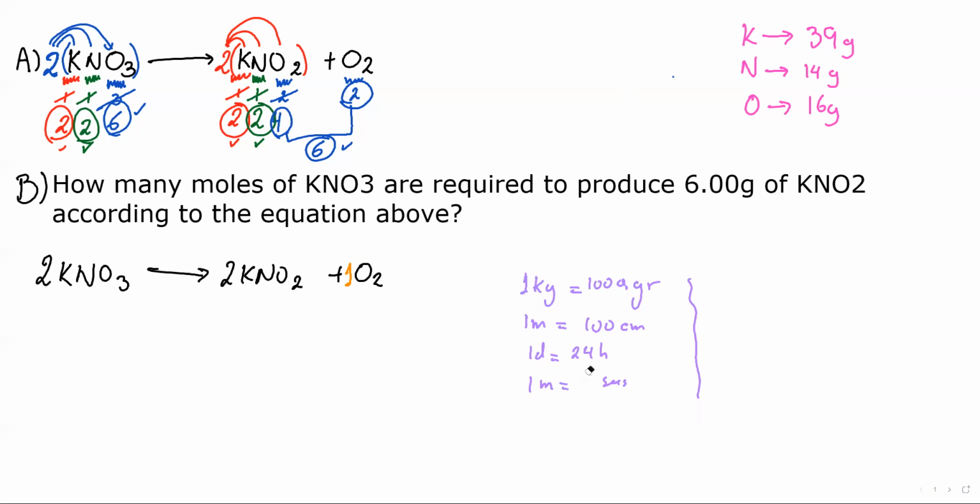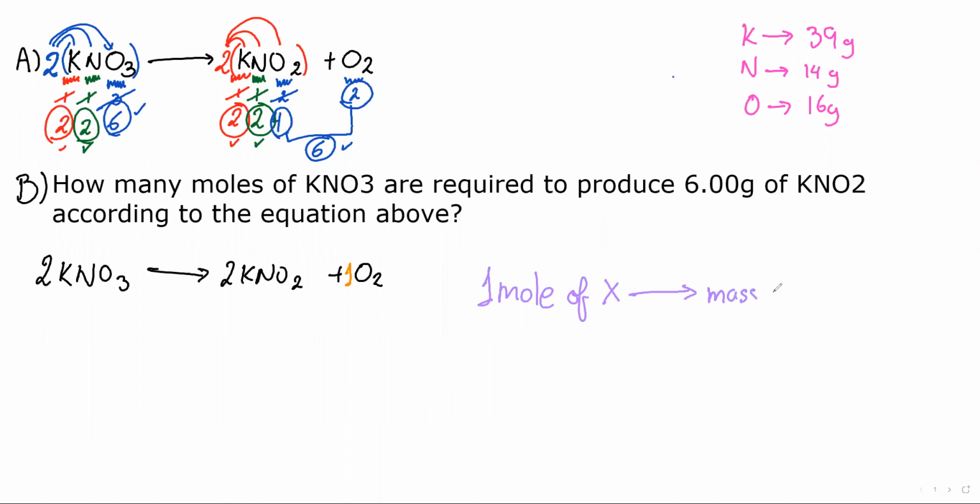And the relationship that you need to know is that 1 mole of element X, this X being any element, oxygen, hydrogen, nitrogen, potassium, whatever, is equal to the mass of that element.